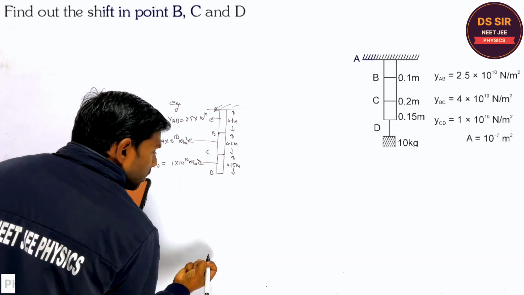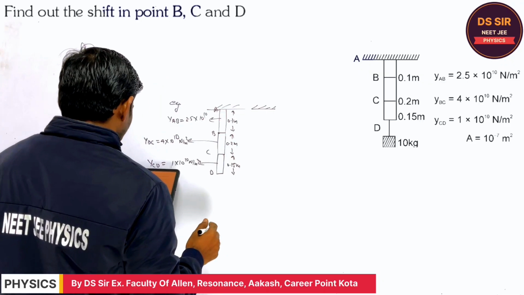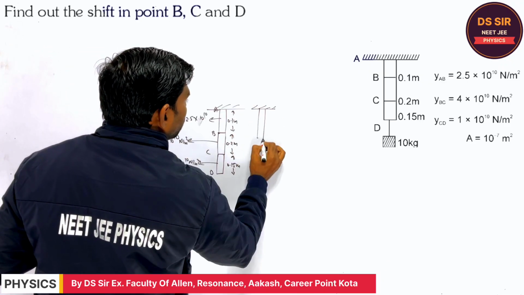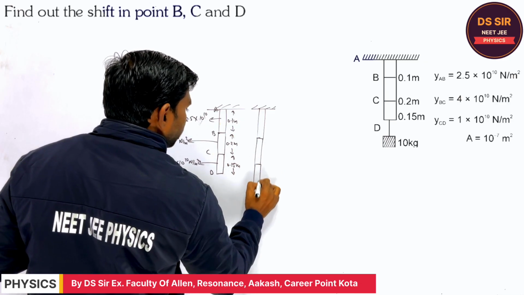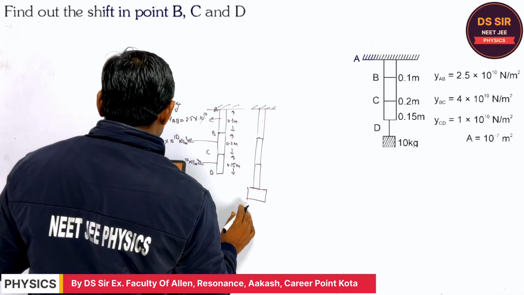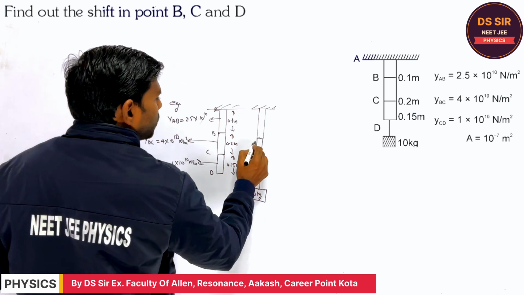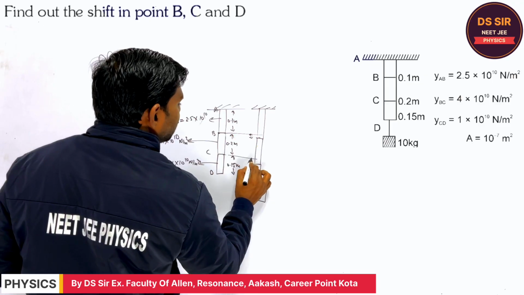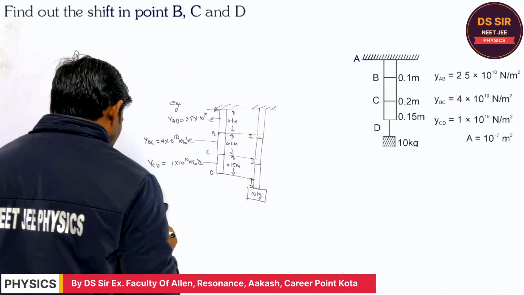Now, when some load is applied, there will be a shift. The point B will be shifted to this point, the point C will be shifted to this point, and the point D will be shifted to this point when the 10 kg load is applied. Is it clear or not? So they are asking the shift in the point B, the shift in the point C, and the shift in the point D.